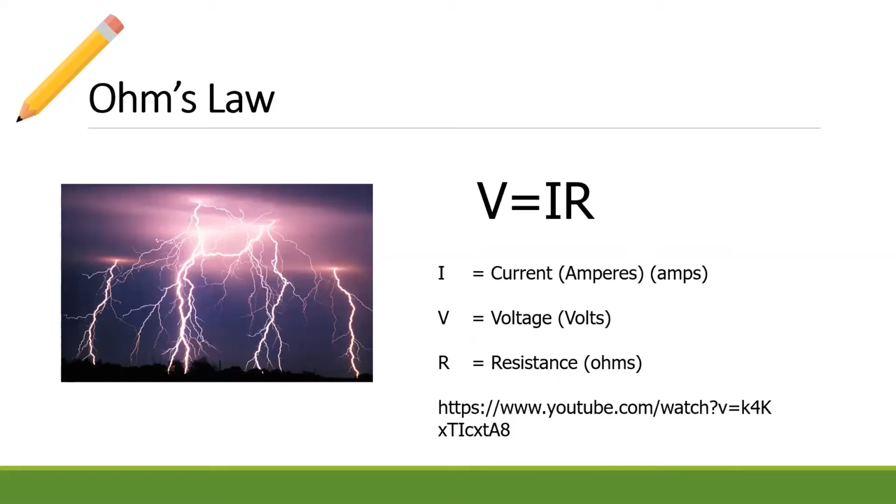If your resistance increases but you've got the same push, then your current, the flow of the water, will go down. Same in electricity: if your resistance goes up, your flow through that circuit goes down. If your voltage goes up, your flow goes up.